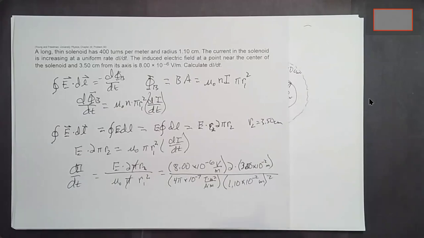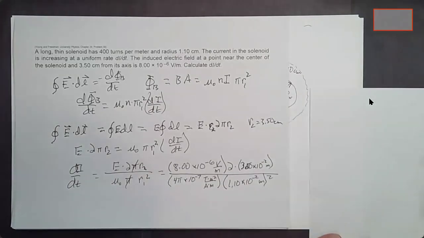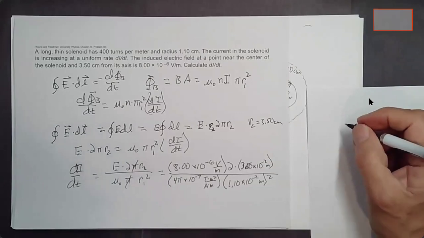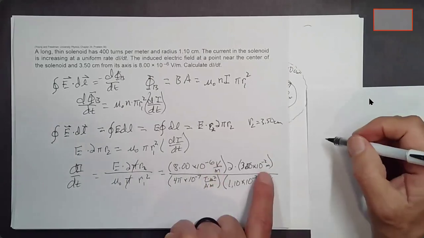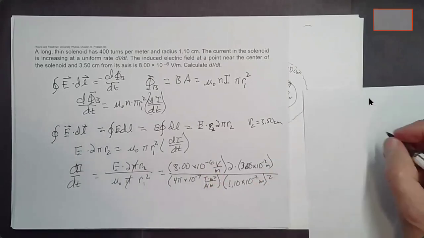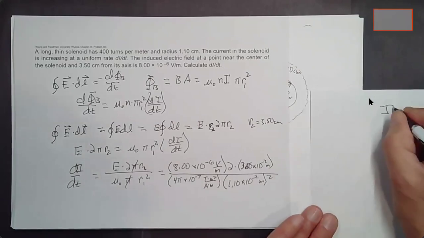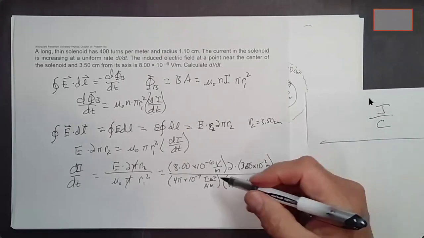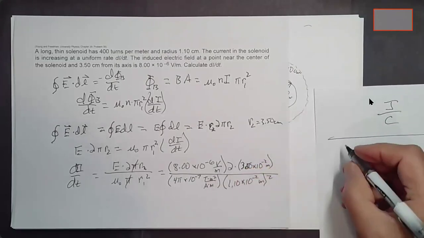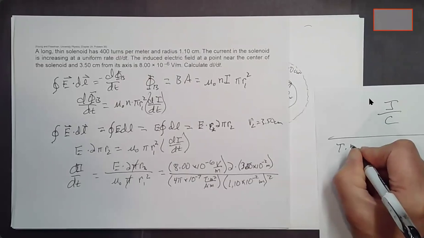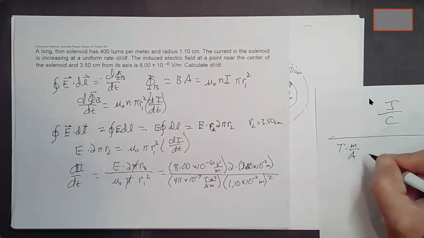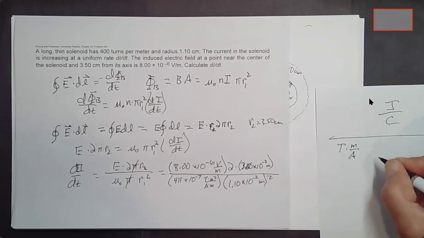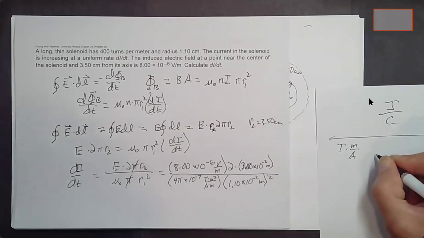Okay, I need to check the units on this to convince myself that we're not on the wrong track. A volt per meter times a meter is a volt, which is a joule per coulomb. And that's what I have on top of that fraction. On the bottom, I'll have Tesla meters per amp times meters squared.